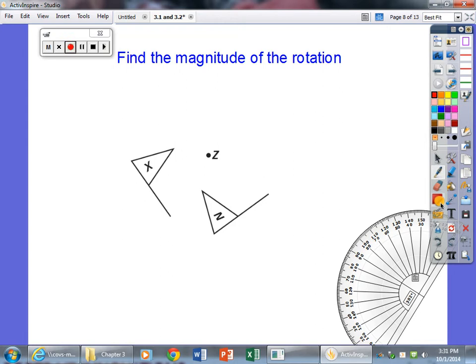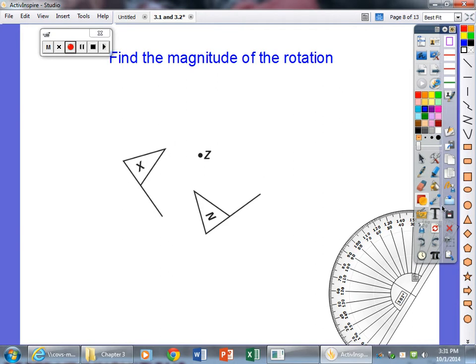Okay, so the first thing we want to do here is find the magnitude of a rotation. To find the magnitude of a rotation, I want to pick a point on the image, pick the same point on the pre-image, and draw a line connecting my center of rotation to the point I've picked on the image and the point I've chosen on the pre-image.